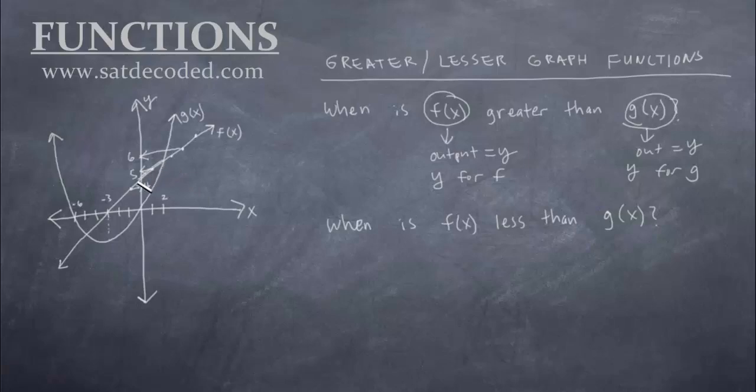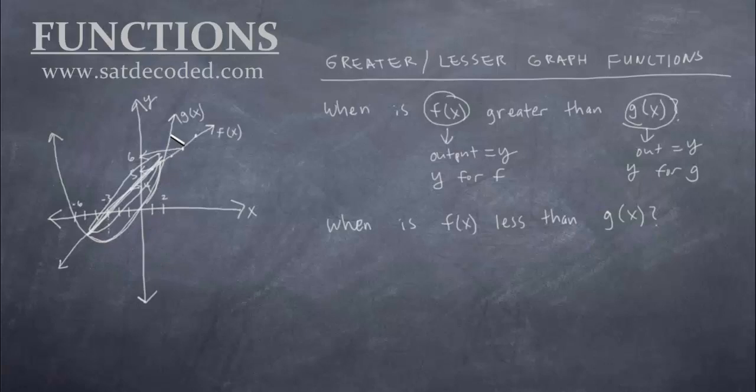So notice this entire segment right here, from here to here. That has corresponding y values that are all bigger than this segment for the g function. So this segment of f of x is bigger than this curved portion of g of x.